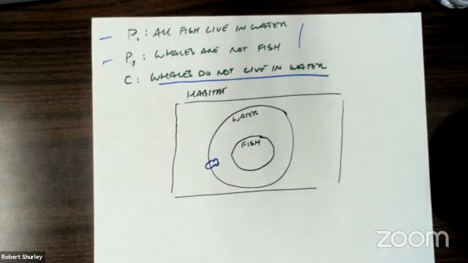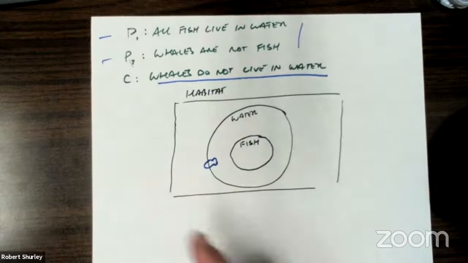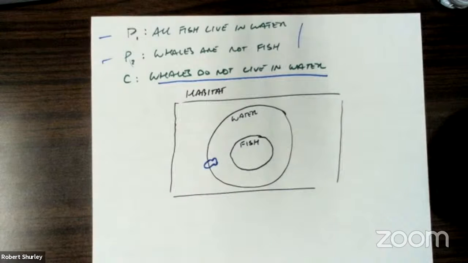I'm going to read the lingo that they used here. The conclusion states that whales do not live in the water, which means that X, the whale, should be outside the circle for things that live in water. But it isn't. It is on the border, meaning that we don't have enough information to know whether it is inside or outside the circle.